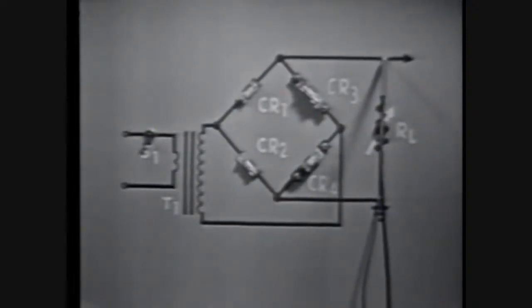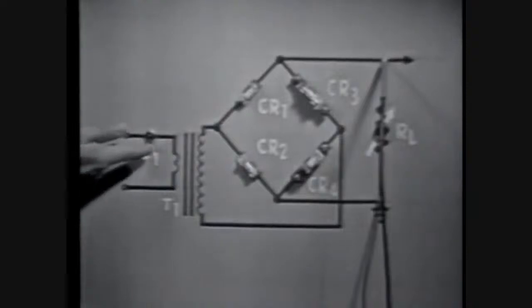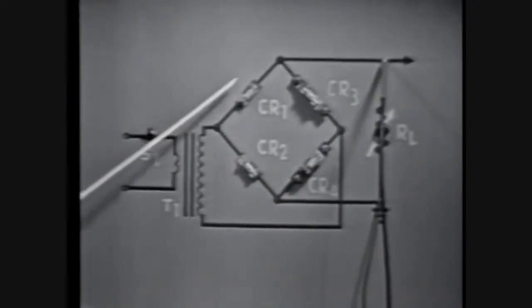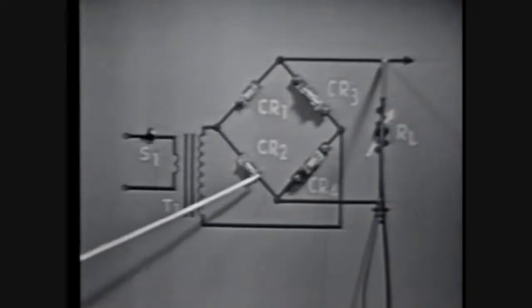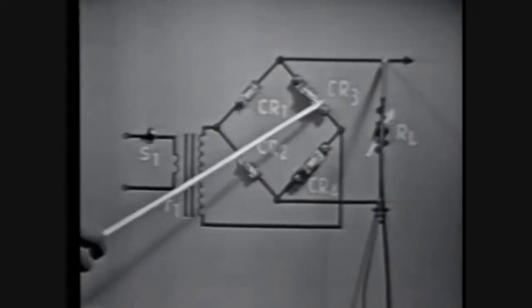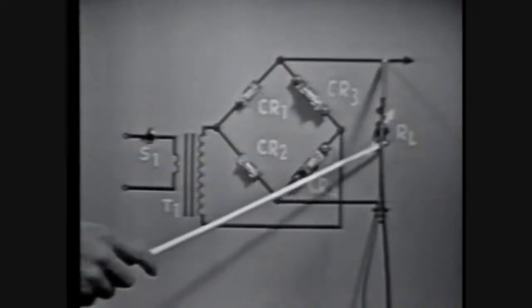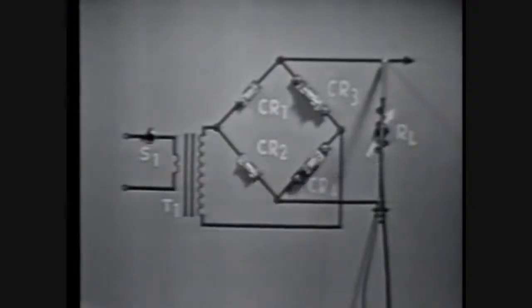The circuit is made operative by turning S1 on, which applies power to the transformer primary. The rectifier circuit consists of diodes CR1, CR2, CR3, CR4, and as previously mentioned, RL, a variable resistor.